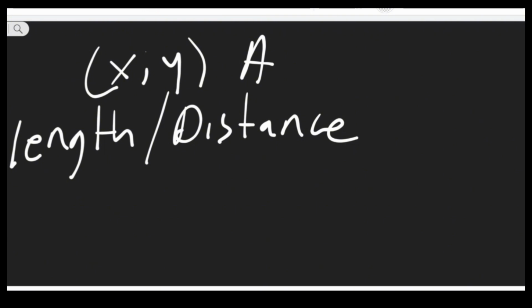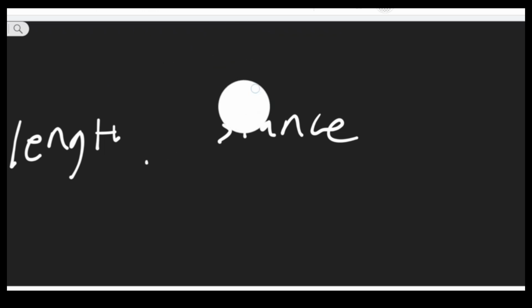So, in analytical geometry, you have to know that there's an x value and a y value. For every coordinate, there's an x value and a y value.